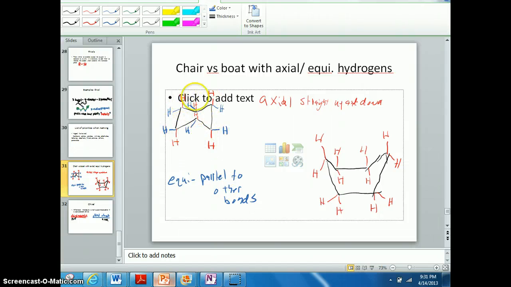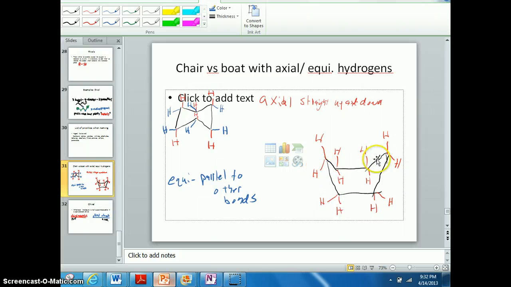And this is kind of hard to do on a two-dimensional plane, but when you go to build them with molecules in our chemistry set, they're much easier to understand. And the other type of cyclohexane conformation we have here is what we call a boat. And as you can see, it kind of has this boat shape. I didn't label my equatorials blue on this one, but again, axials are my ones straight up and down, as you can see here, and the equatorials are still parallel.